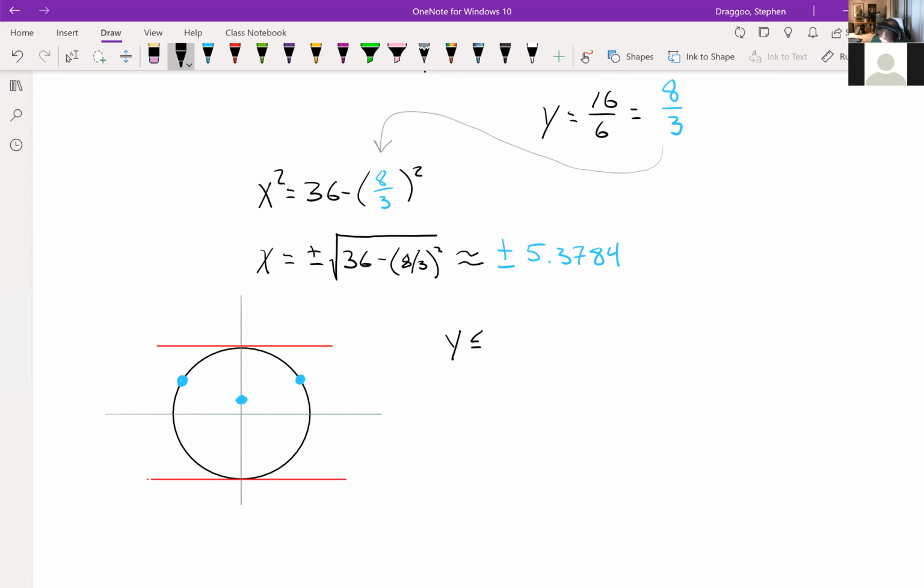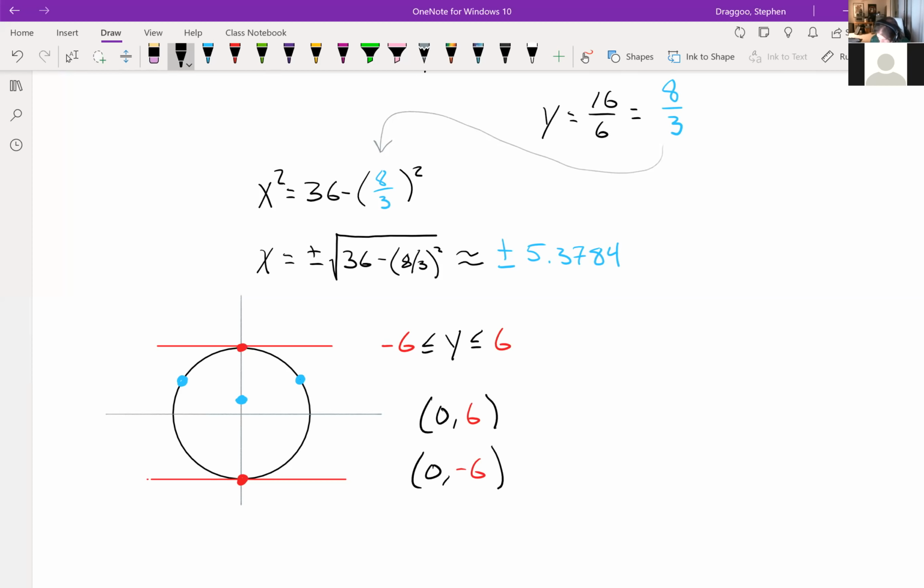Which means I also need to include those boundary points as I'm looking at my boundary. So right here and right here, in addition to all the other points I've put together, I've got 0, 6, and I've got 0, -6. I'm going to need to check those as well.